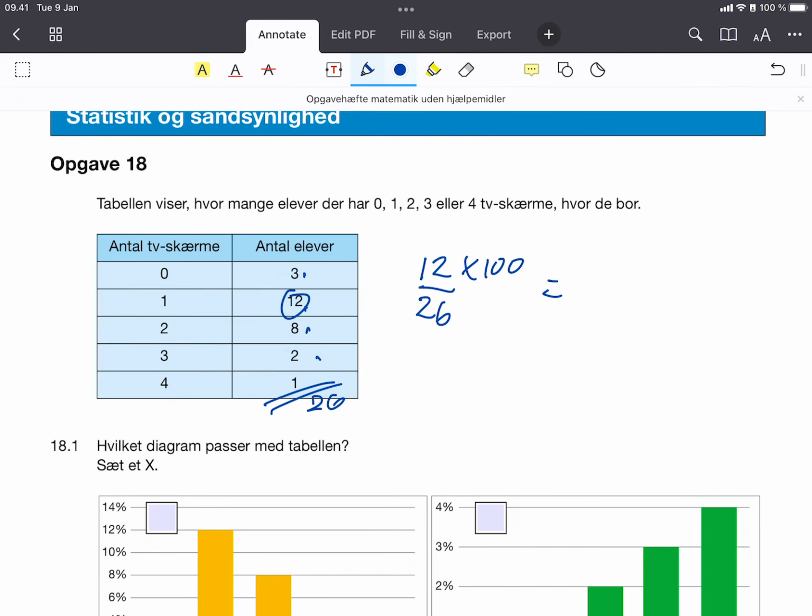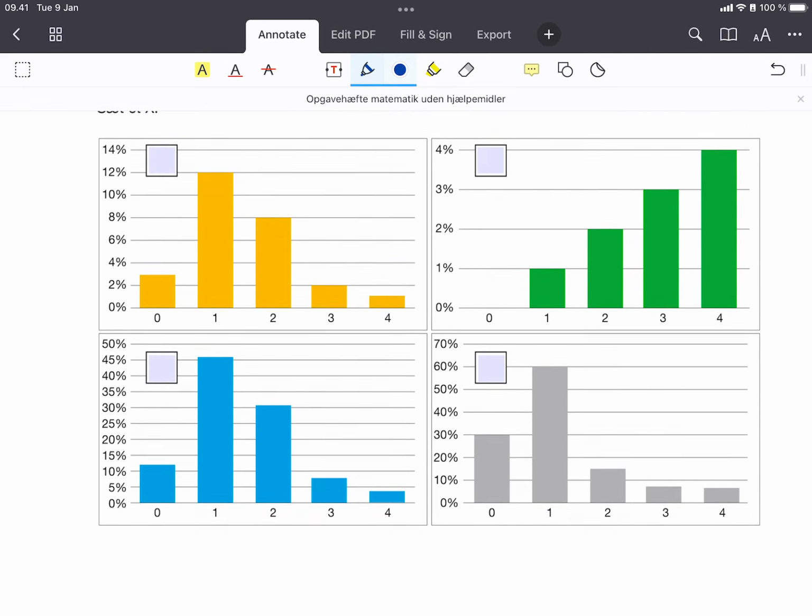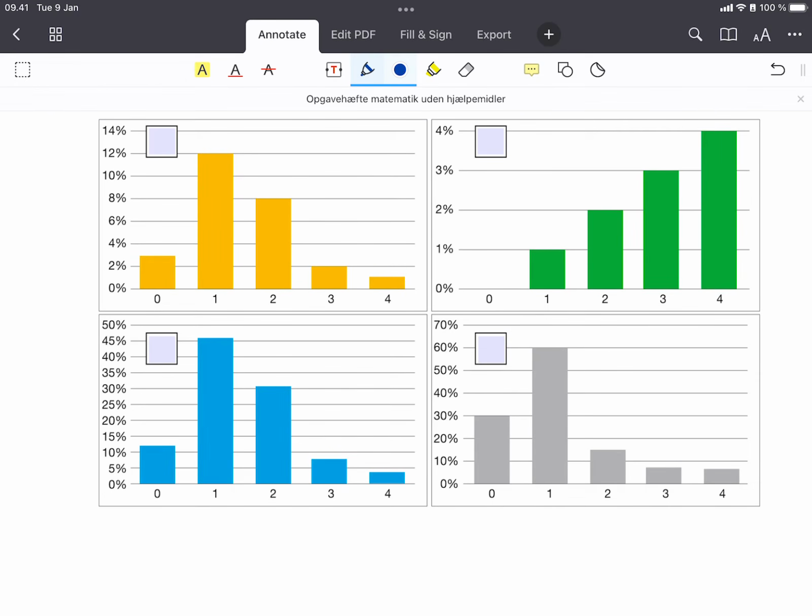So 12 out of 26 is just under a half. So that's going to be something like 40-something% without doing a lot of calculation. So, you know, I can see that that one's right, because this one has more than a half of the people having just one TV, 60%, and we know it's less than half. And the others are just kind of ridiculous.